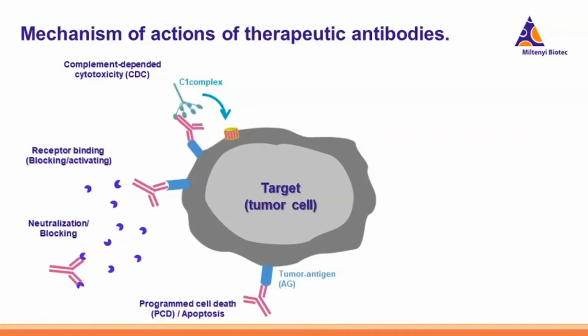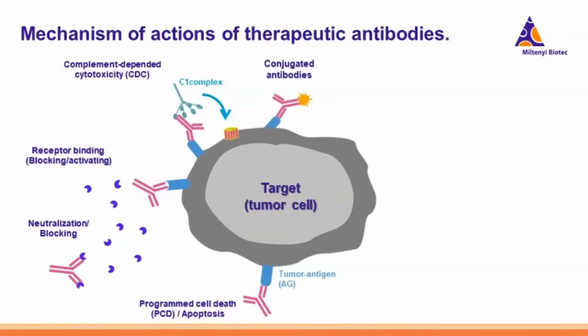Then we have also complement-dependent cytotoxicity. An antibody can bind to the tumor antigen, and then the C1 complex of the complement system can bind to the Fc part of the antibody, which leads to the complement cascade and ultimately to the formation of the membrane attack complex, leading to the lysis of the tumor cell.